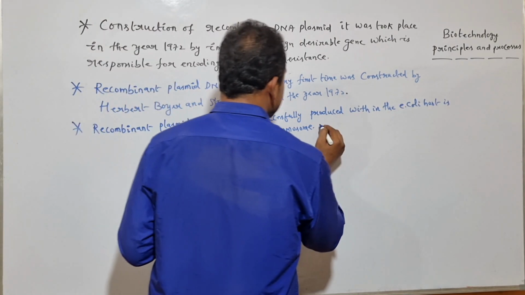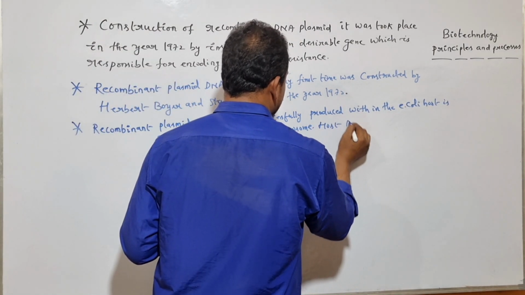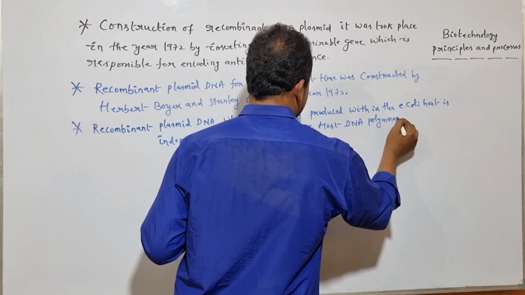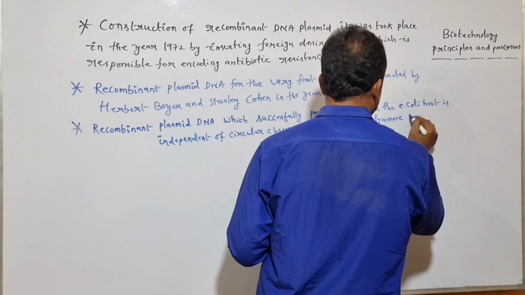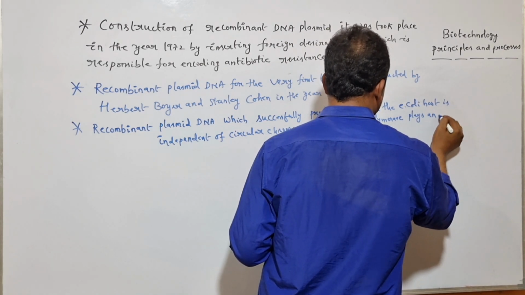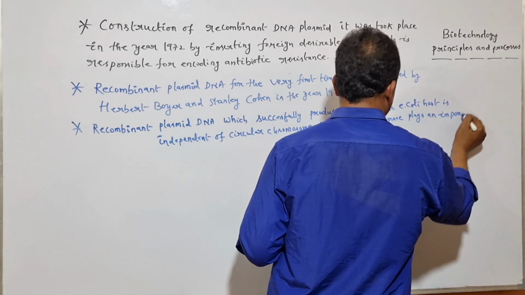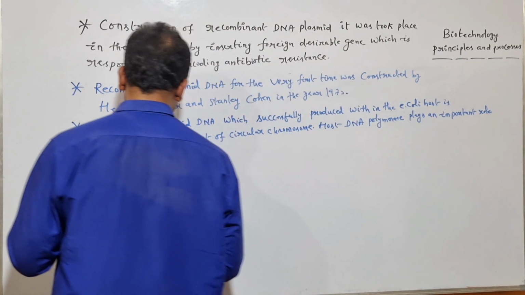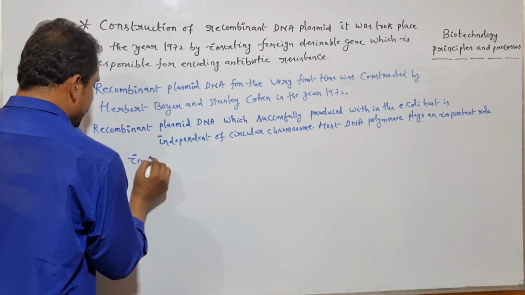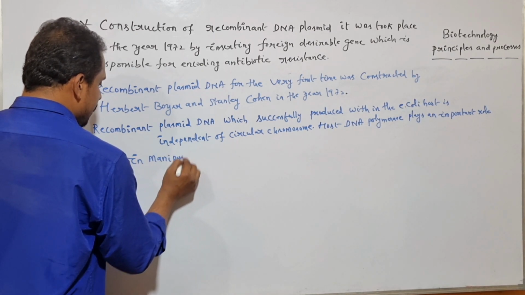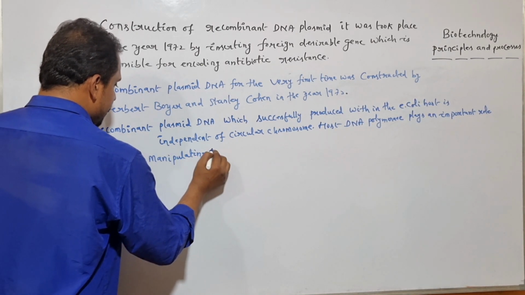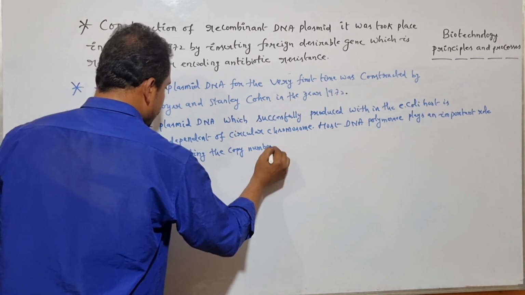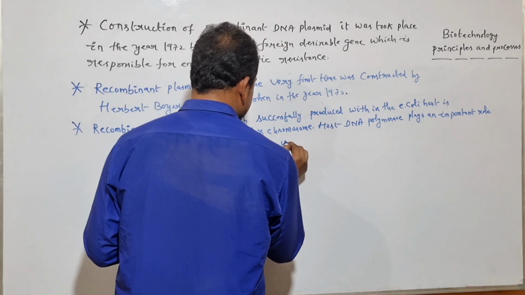And here host DNA polymerase plays an important role in manipulating the copy number within the E. coli host.